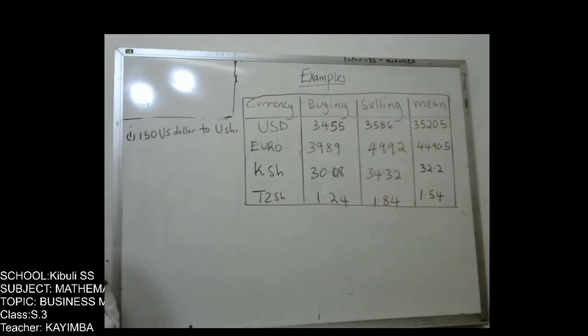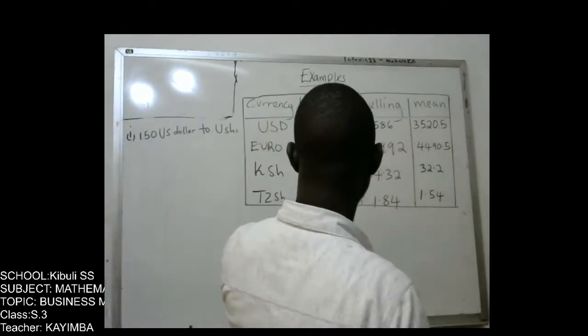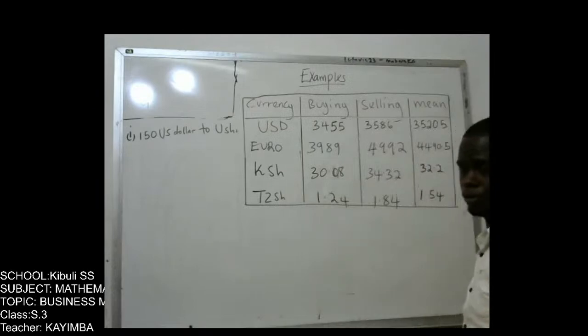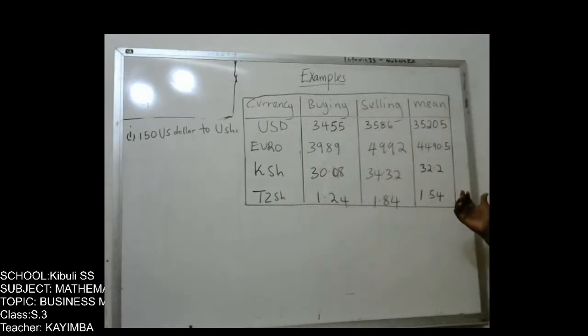Remember they told us to use what? Are we going to use the buying, the selling? Oh, we are going to use the mean, because they told us to use the mean. Okay? Yes. So we are establishing it from the mean.